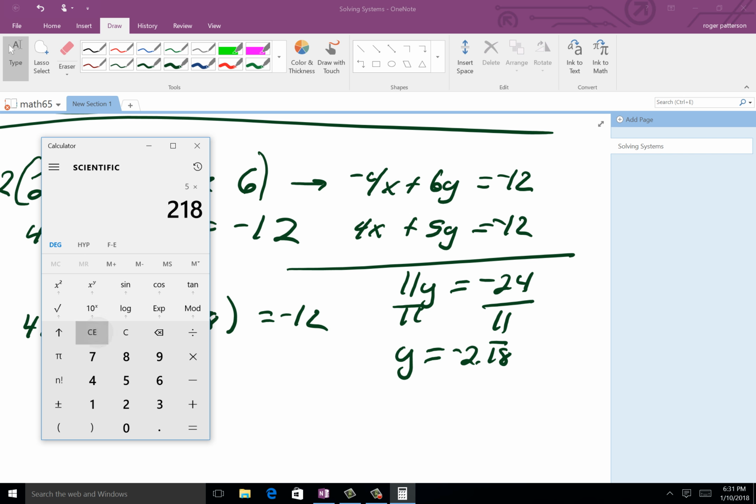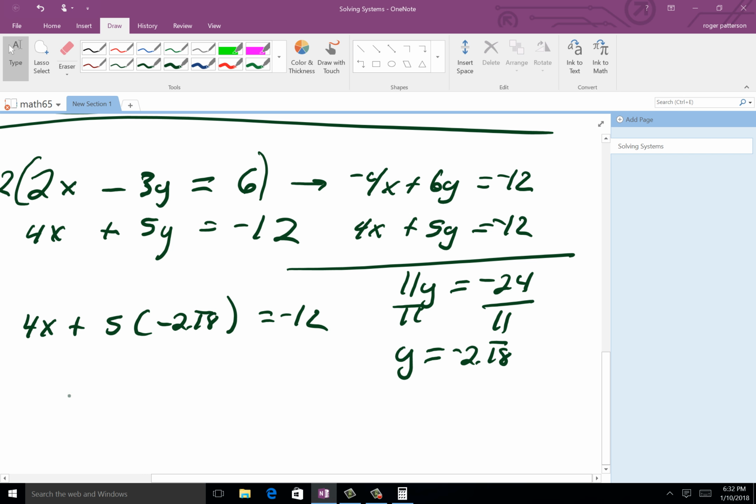Dang it. And I'll put a couple 1/8s in there just so I get it. 10.99. So I have 4x minus 10.09 repeating equals negative 12. And just add that.